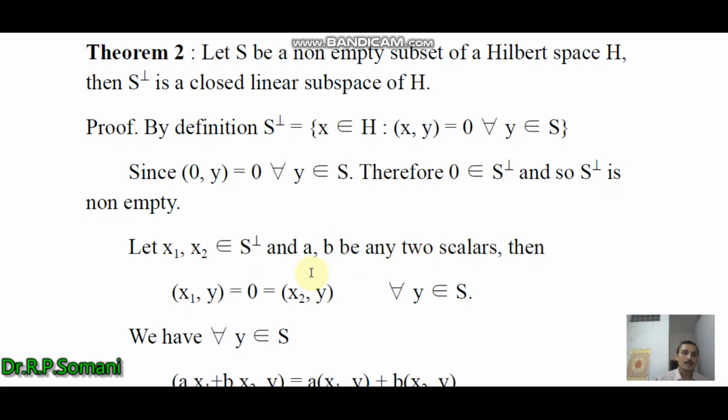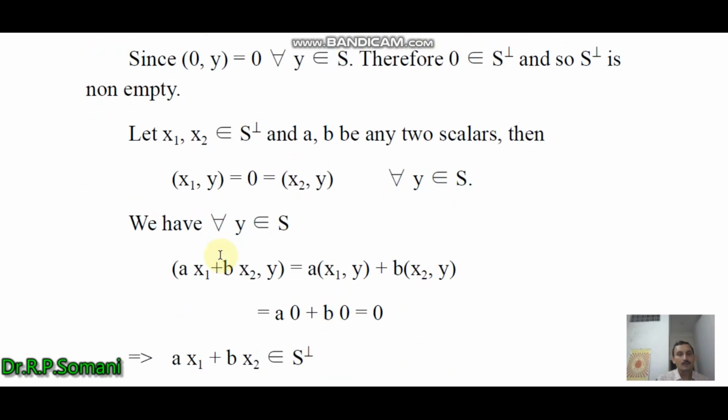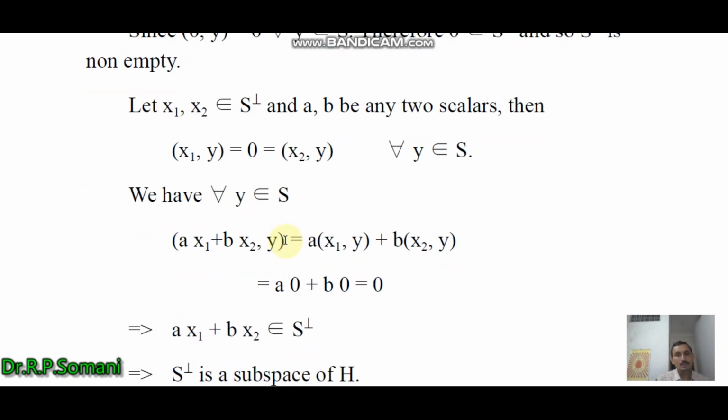Then we have the inner product of x1 and y equal to 0 and the inner product of x2 and y equal to 0, because x1 and x2 belong to S orthogonal and y belongs to S. So for all y belonging to S, we consider the inner product of ax1 plus bx2 with y, which equals a times the inner product of x1 and y plus b times the inner product of x2 and y, by the linearity property of the inner product.